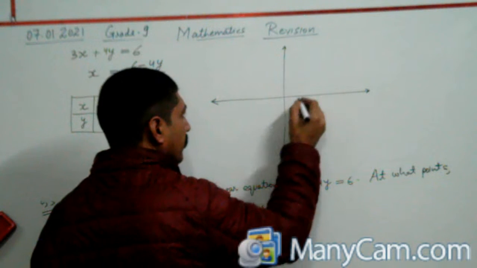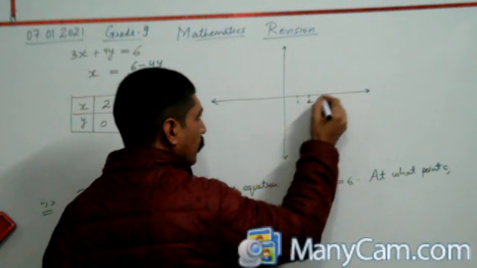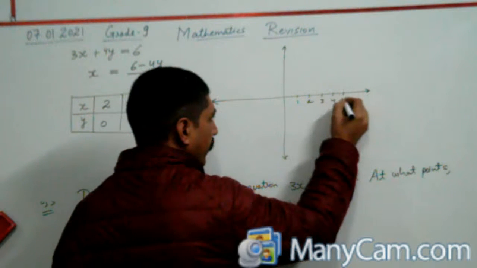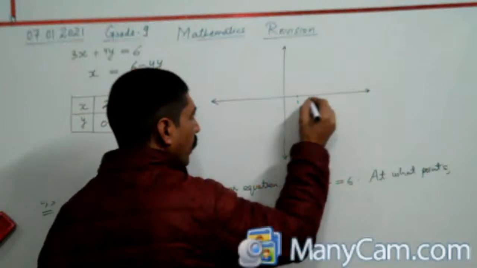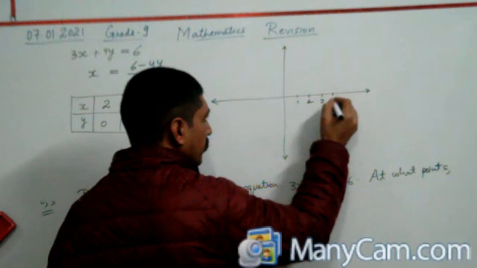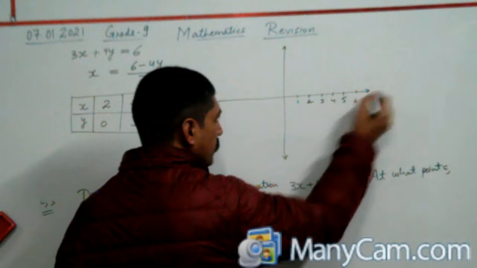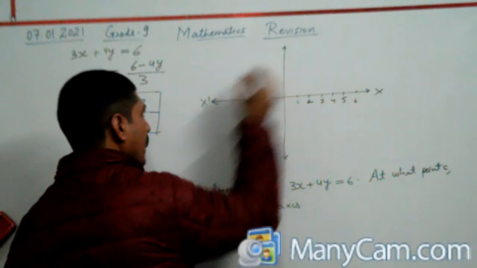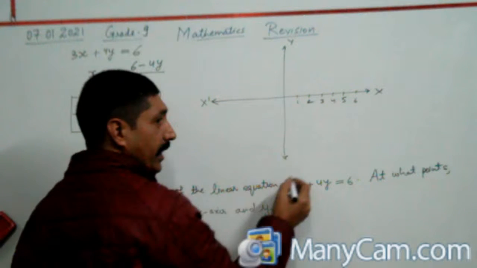Like 1, 2, 3, 4, 5, and so on. This is the x-axis, and this is X dash, Y dash.